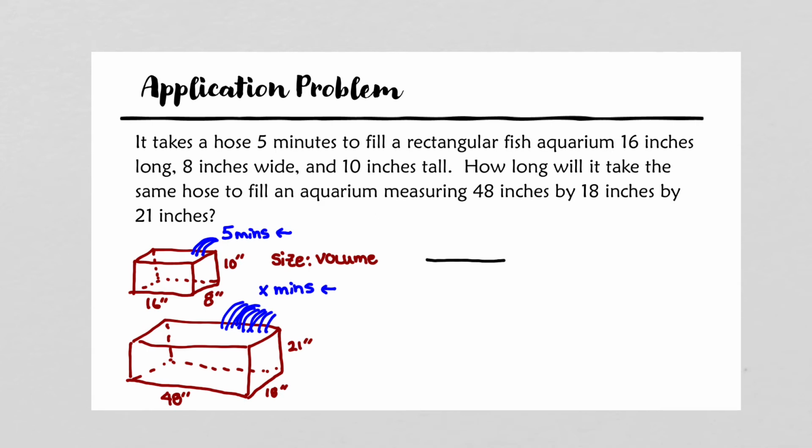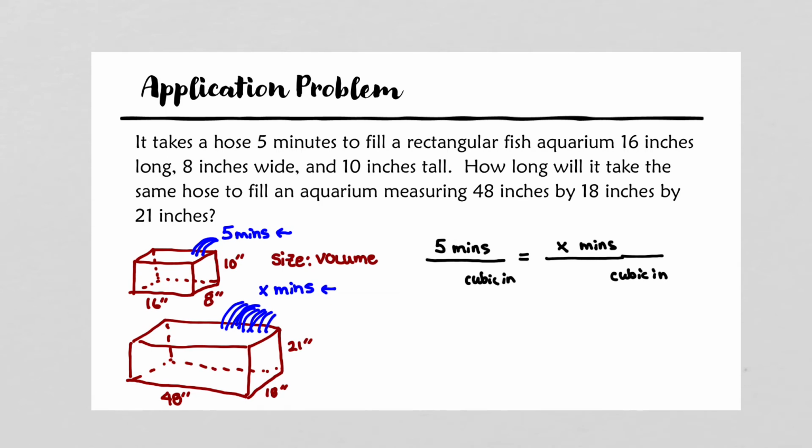I want 5 minutes corresponding to so many cubic inches. So I'm just going to write down cubic inches on the bottom, and we'll fill that in a second. And that's going to be in the same relationship as X minutes is to another cubic inches, and we'll fill that in as well. But if we get those two values in the denominators, then we have a proportion and we can solve. So that's going to be our plan of attack.